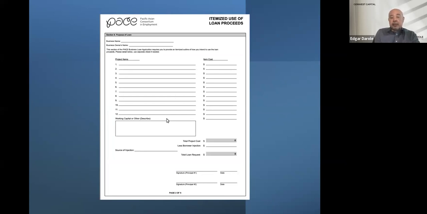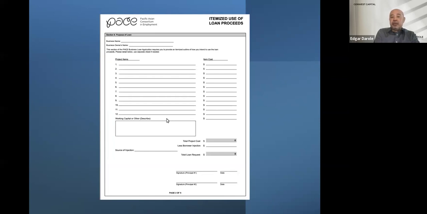And then, of course, source of injection. What that means is how much of your own money you would be putting in. As described in our previous webinar, under the 5 C's of credit, you must have some skin in the game. Remember that? Usually it's about 10% of the total project cost.